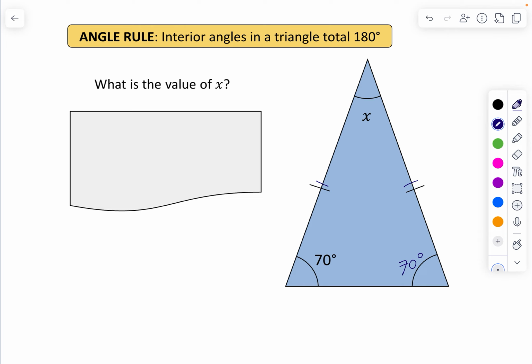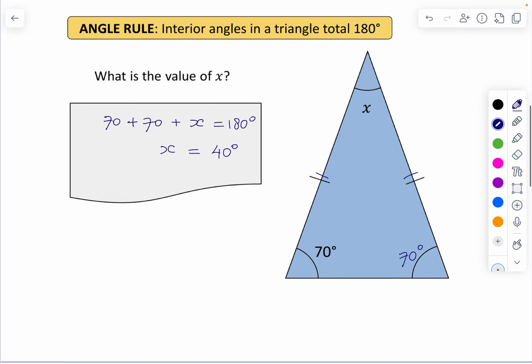Knowing the sum of the angles in a triangle is 180 degrees, 70 plus 70 plus angle x should be 180 degrees. 70 plus 70 is 140, so left over we have 40 degrees to reach 180. So angle x should be 40 degrees.